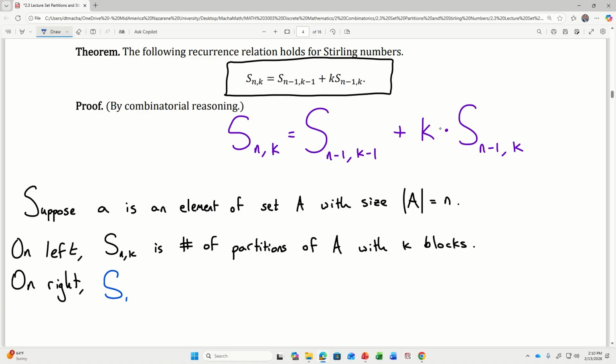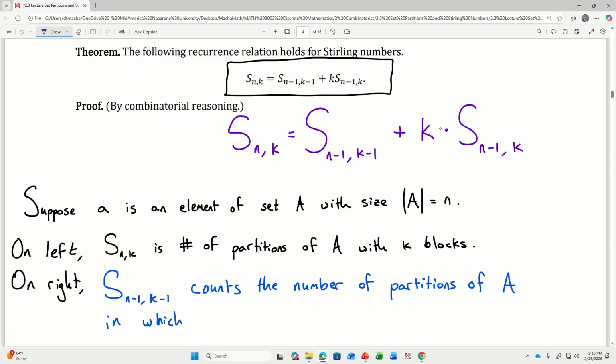S(n-1,k-1) counts the number of partitions of A in which a forms a singleton block.